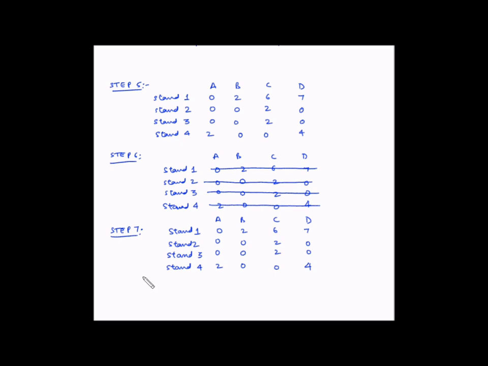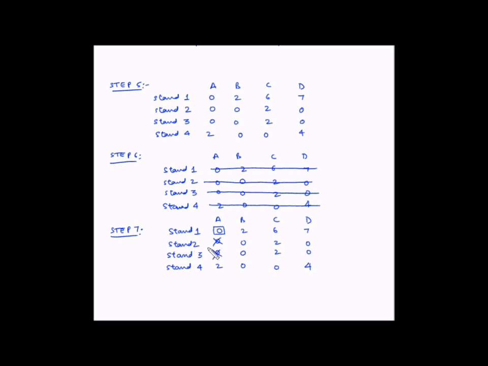So now let's first assign the rows or columns which have one exclusive 0. So let's go row wise first. So the first row has 1, so we can assign this here. Now since A has been assigned to stand 1, we can't assign A to any other stand. So let's cross off all other zeros in that column.